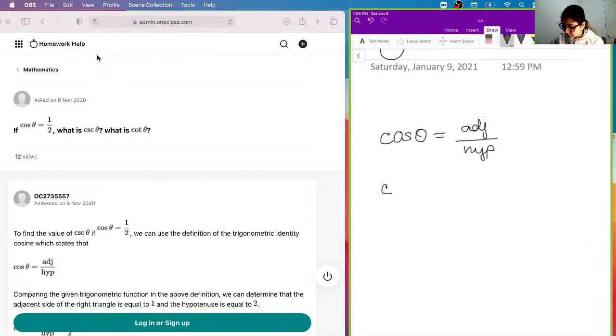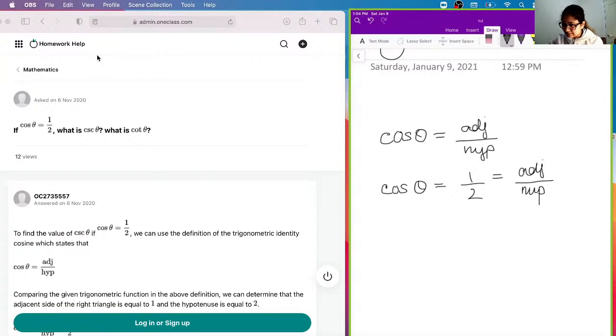So since we're given that cos of theta is equal to a half, we can say that 1 is our adjacent side and 2 is our hypotenuse, right?